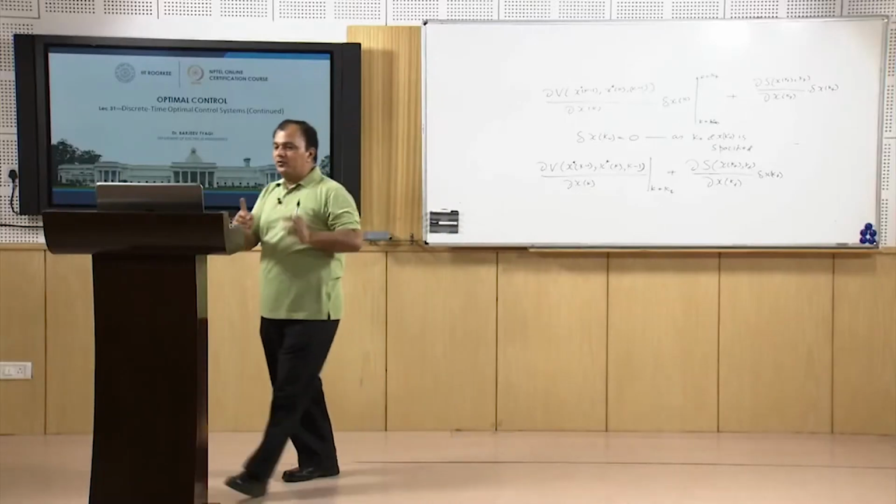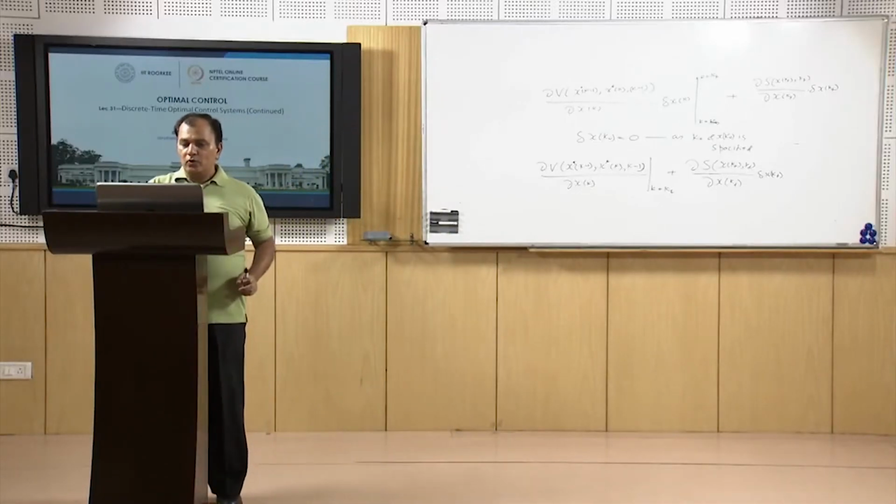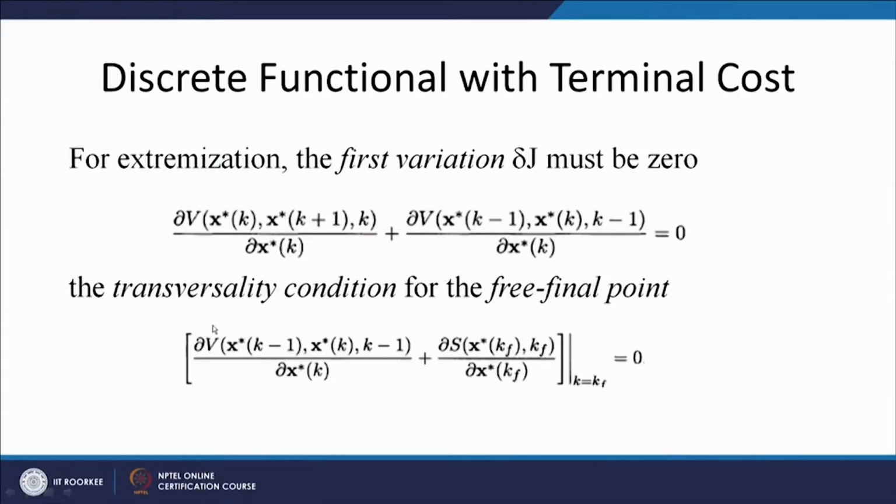So, I can club these two to get my boundary condition as del v by del x star k minus 1 delta x k plus delta s by delta x, and the whole we are evaluating at k equal to kf.